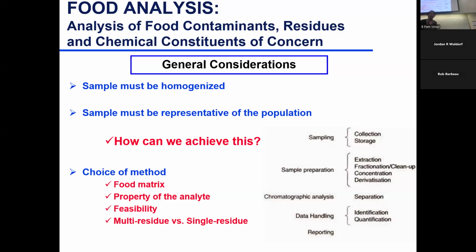And sometimes if I want to characterize a particular pesticide, like to register a pesticide, I need to isolate it on its own, characterize it, and determine the acceptable level of inclusion in the sample. Then the method will be single residue. That means I purify until I get that one particular residue and characterize it.